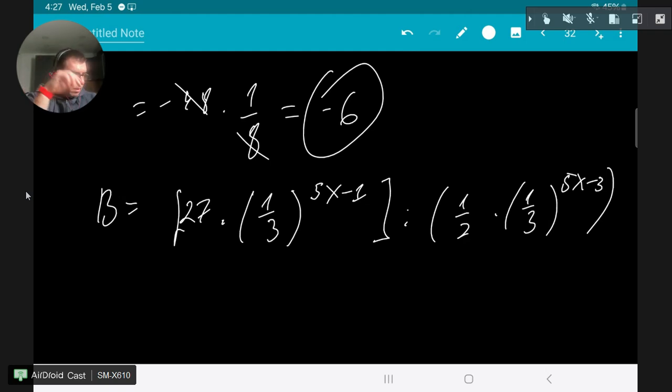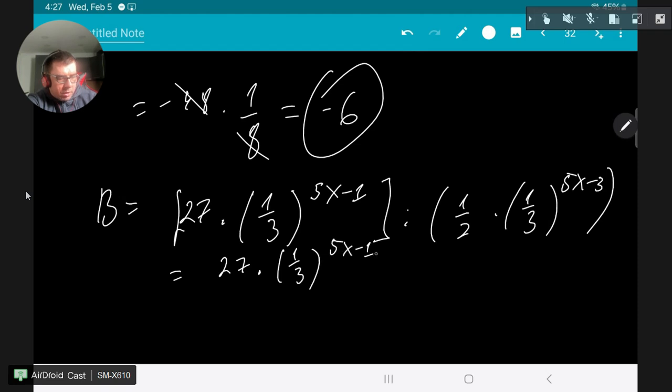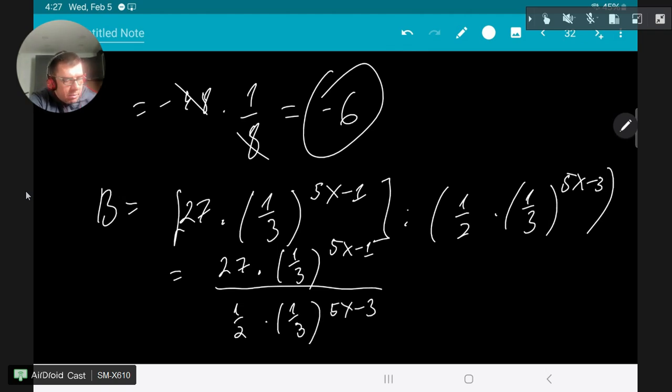So let me actually write it as a fraction. It will be easier. So this is 27 times 1/3 5x minus 1 over 1/2 times 1/3 5x minus 3. Now I can divide them separately, so I can divide 27 by 1/2, right?